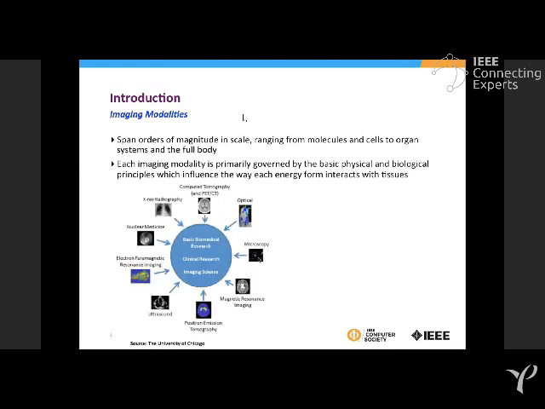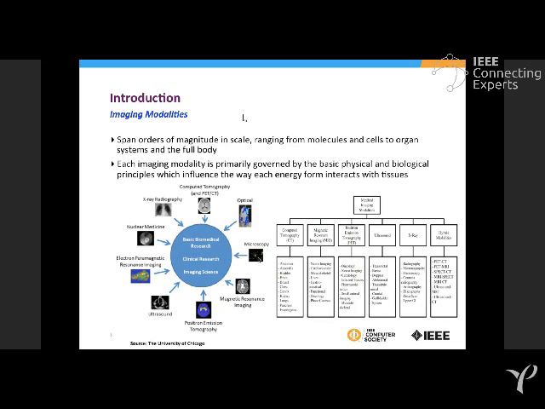As we see, there is a plethora of medical imaging techniques, and I have already spoken of a few of them. Each of these imaging modalities can cater to a particular type of organ or group of organs, and obviously a group of diseases. They can be classified into modalities like tomography, CT, X-ray, magnetic resonance imaging, ultrasound, and hybrid modalities.